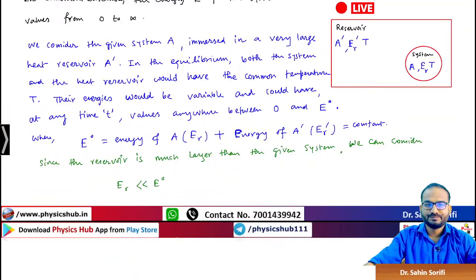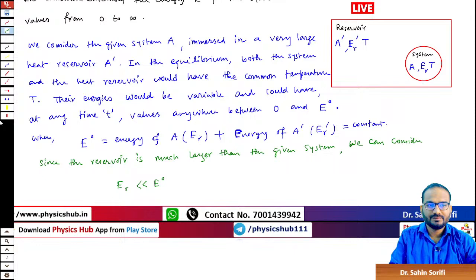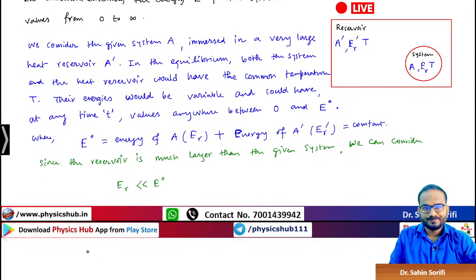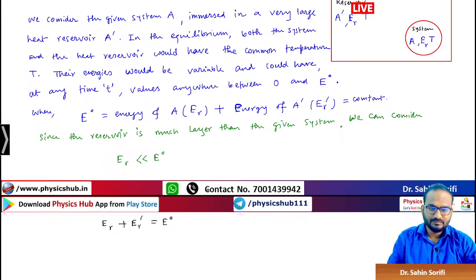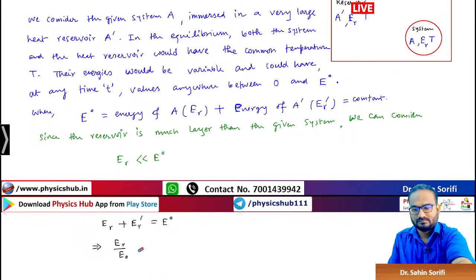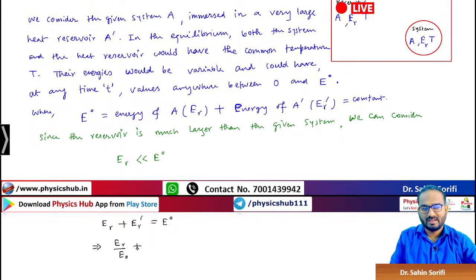If it is so, you see, ER plus ER prime is equal to E0. That means ER by E0 plus ER prime by E0 equals 1.